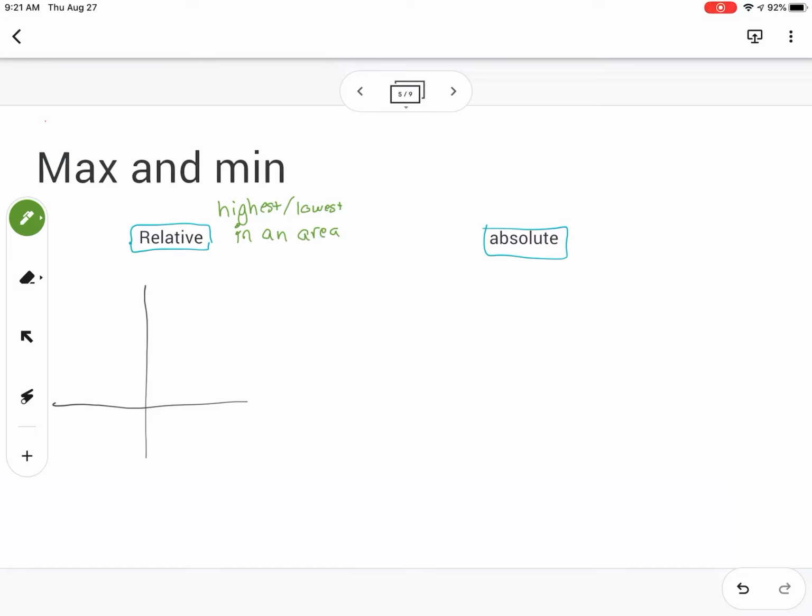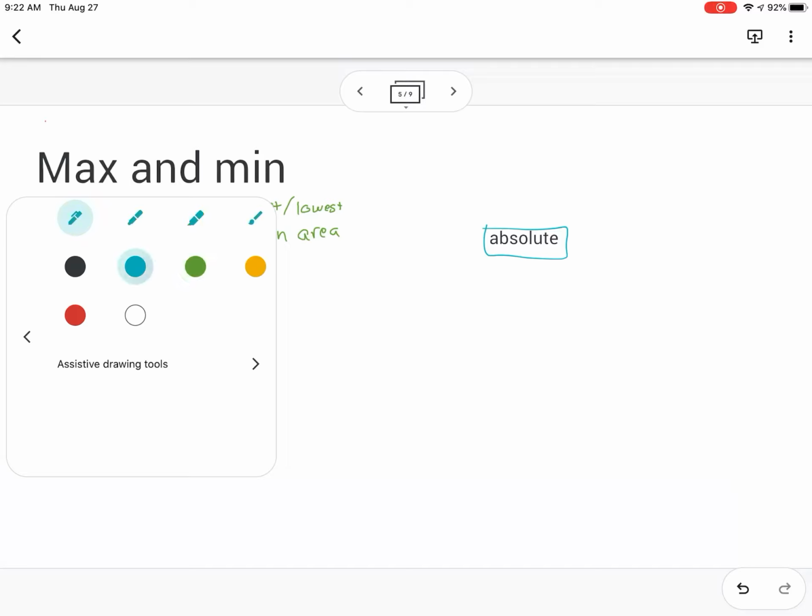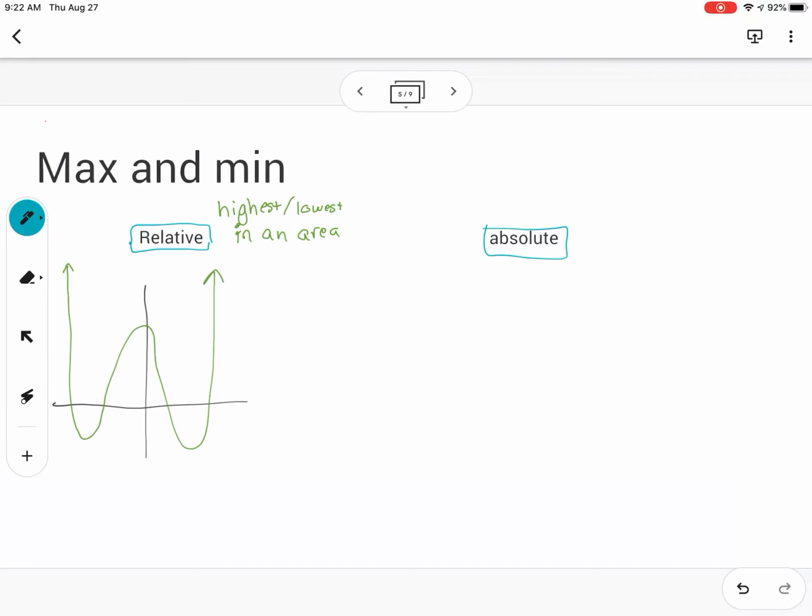So I'm going to give you an example here. Once we start getting up in pre-cal, we get graphs with lots more things going on than we used to have, right? Polynomials have lots of ups and downs and humps and whatnot. So relative max and min. We'll start with max. This point here, it's not the highest point because of these up and down arrows over here. But in this general area, it is the highest.